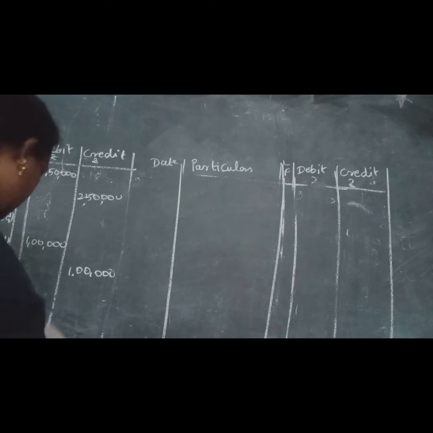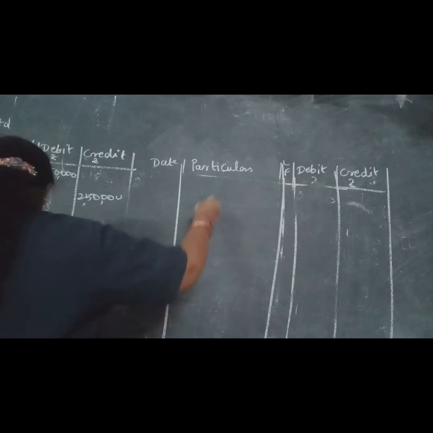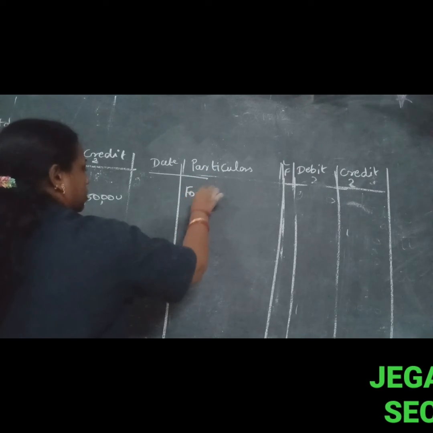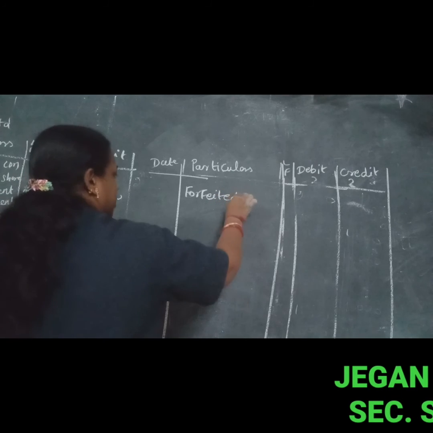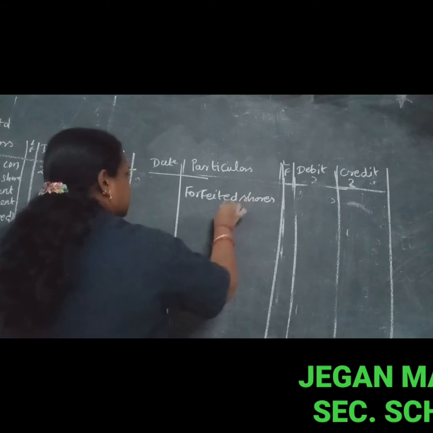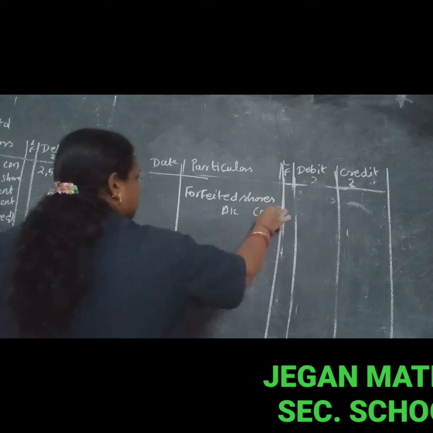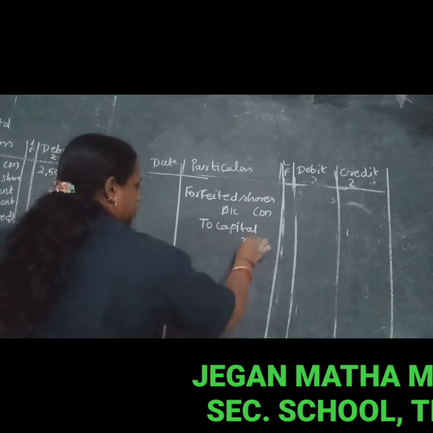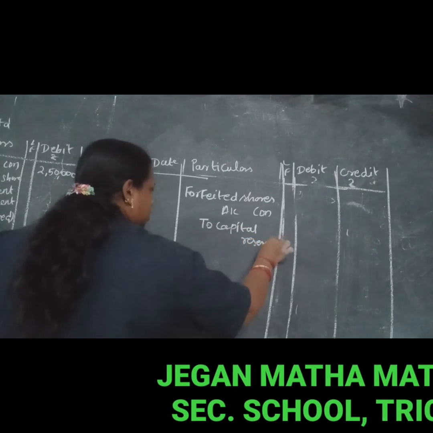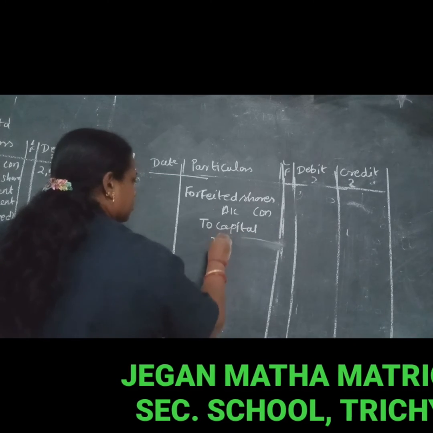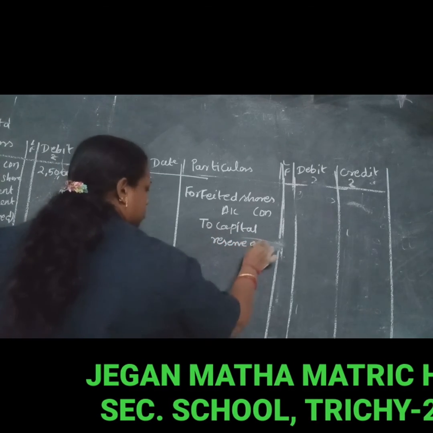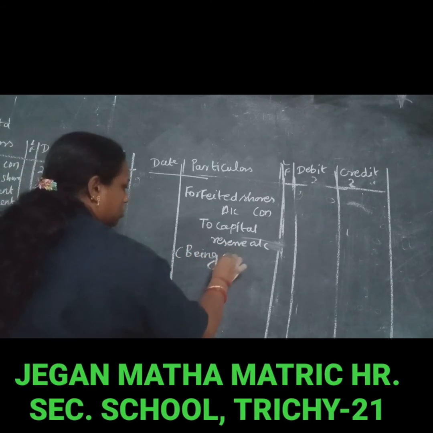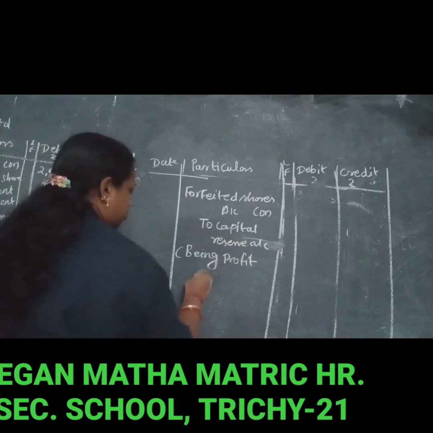The next entry, gain on reissue of forfeited shares transferred to the capital reserve account. Entry: forfeited shares account debit to capital reserve account, being profit on reissue.